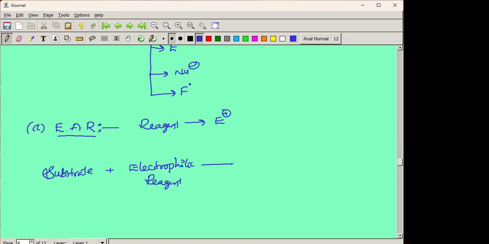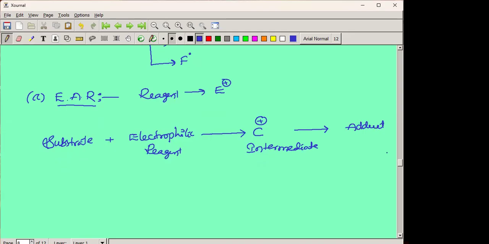When this electrophilic reagent is added to the substrate moiety, we get an intermediate, which is a carbocation, and finally we get a product, the adduct, the addition product. So this is about the reaction.